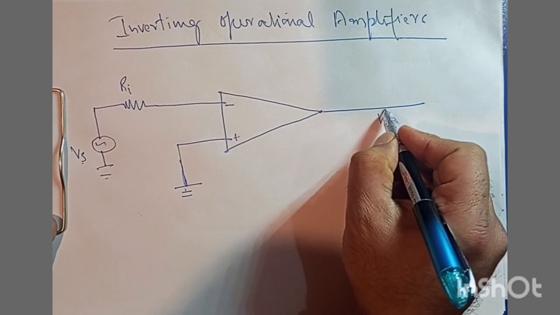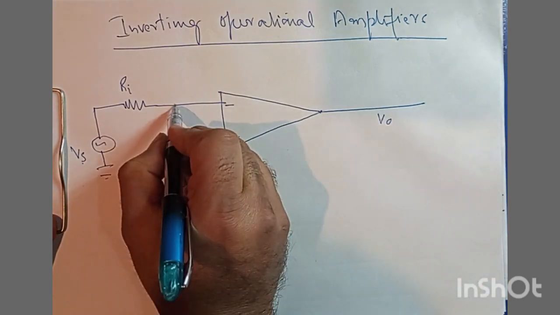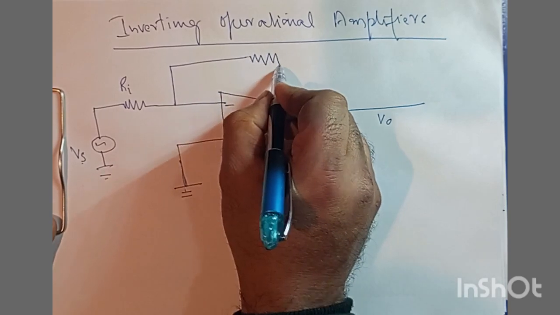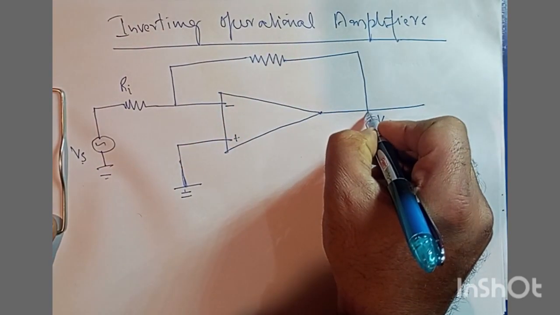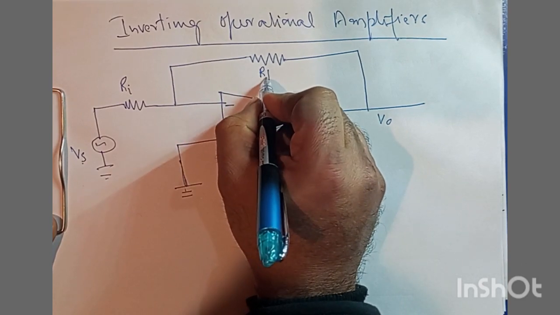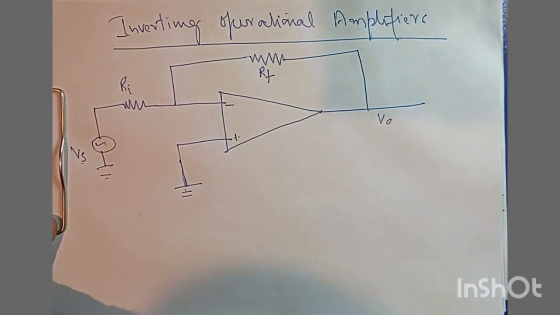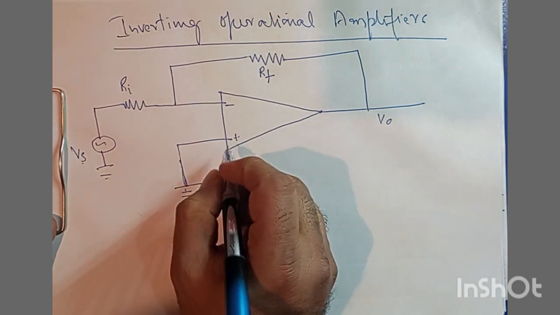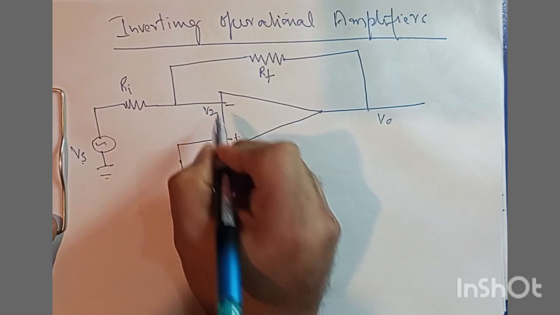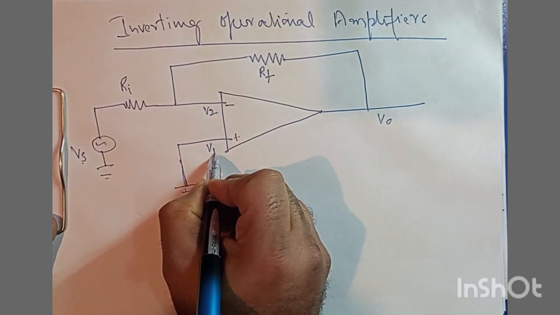Then a part of its output, we would like to subject back to the input, like this. Let us assume that the feedback resistance here is Rf. Let us assume here the voltage is V2 and here the voltage is V1.